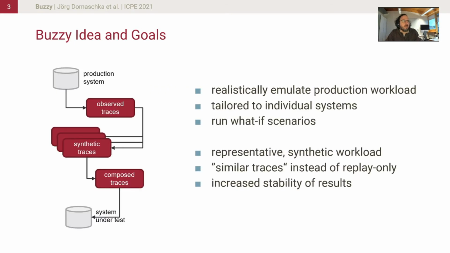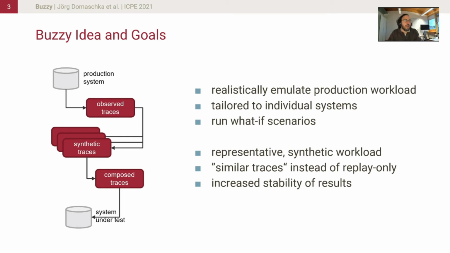So the overall vision that we have here is that we collect traces from a production system. We cluster these traces according to several possible classes. I'll get into that later on. And then we're able to synthesize new traces for each of these classes, by that enhancing the amount of available data and available traces.